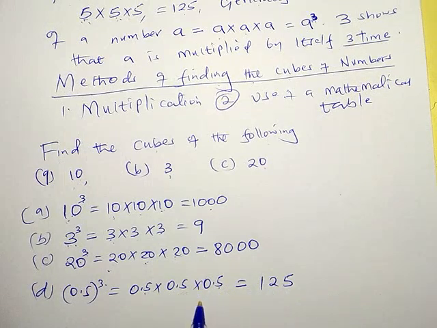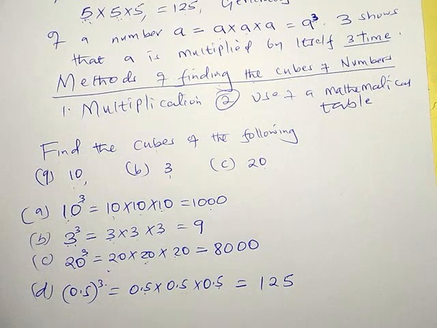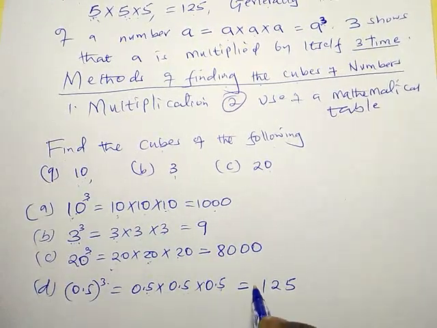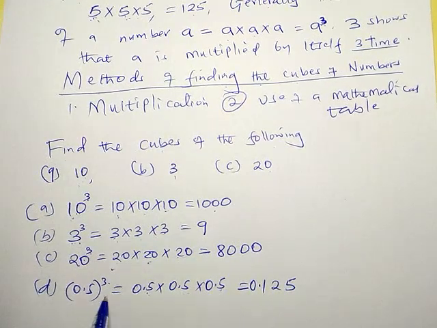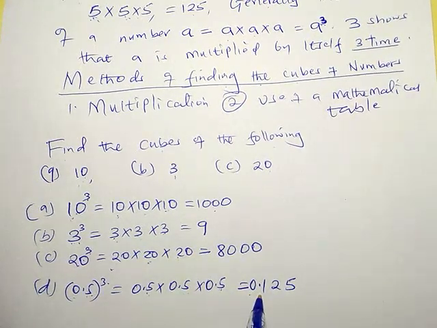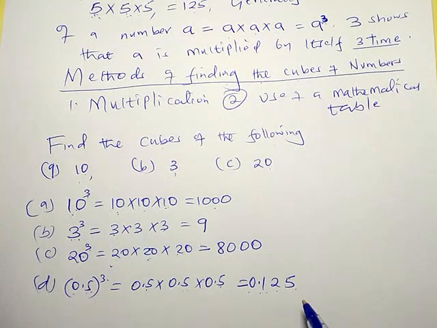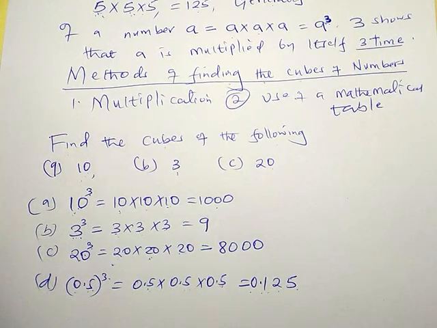I hope you have learned decimals properly in Form 1. Therefore 1, 2, 3, we put a 0 here, and the cube of 0.5 is 0.125. So it doesn't matter whether it is a fraction or a decimal or a whole number. You can just multiply that number and you get the cube of that number.